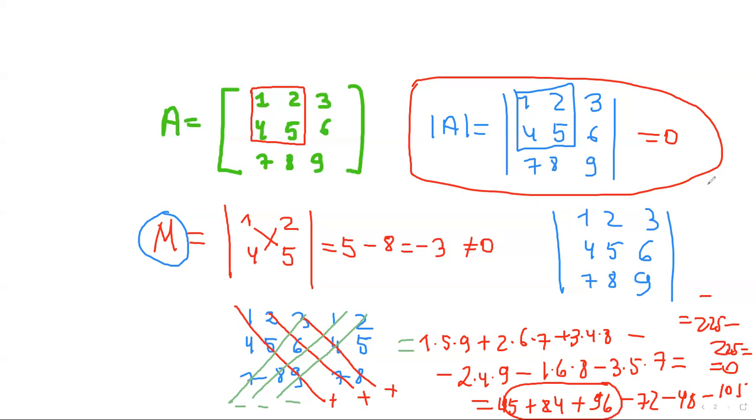According to this minor method, the rank is 2 here, because the non-zero determinant has size 2, so it's a 2 by 2. Hopefully that was clear. We are going to continue this topic in our next videos with higher determinants, preferably 4 by 4.